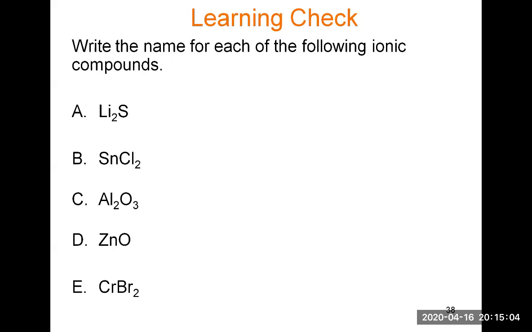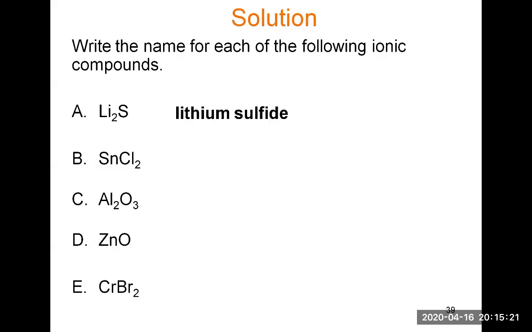Because it's a predictable ion, we will not need the Roman numeral. So it will be called lithium. And then the sulfur ion is called the sulfide, right? We change the ending to "ide." So this will be the compound lithium sulfide.